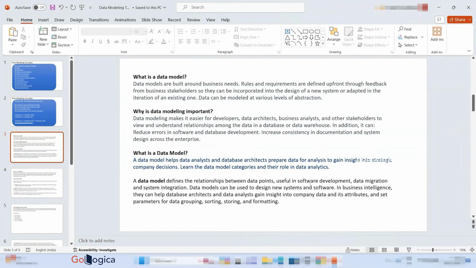So the basic thing is to ingest n number of inputs into a model, and from that model we can get more insights.